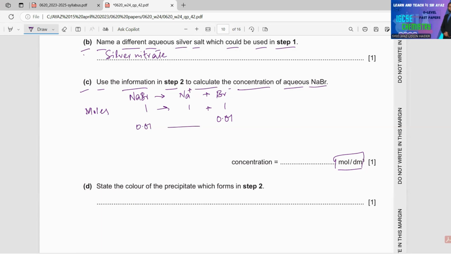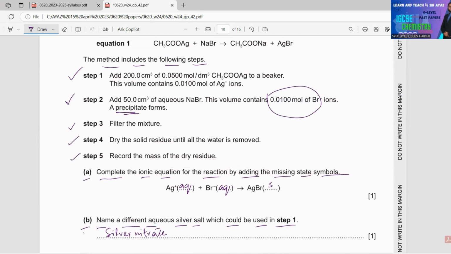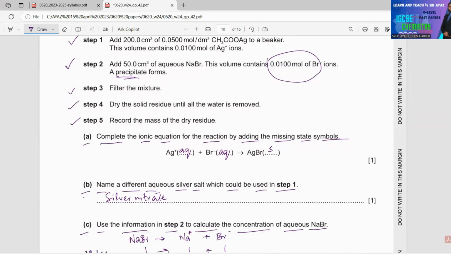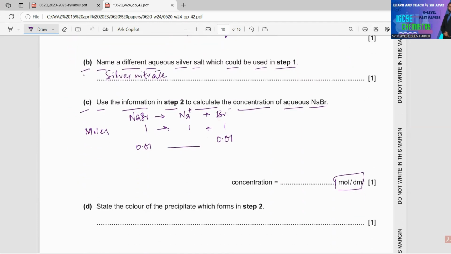Now, what about the volume? Volume is given, they said 50 cm3. So 50 cm3 contains 0.01 mole. I'm finding the concentration of NaBr here. So 50 cm3 contains 0.01 moles. Therefore, 1000 cm3 contains x moles.